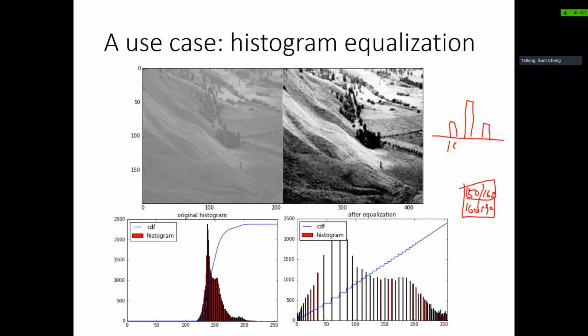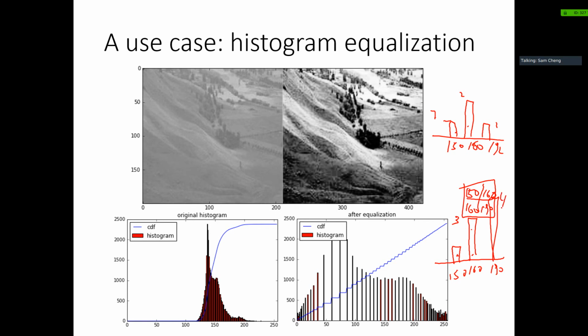So I have 1 at 150, 2 at 160, and 1 at 190. Then the CDF will be: at 150, I have 1. At 160, I add this and this together, so I have 3. At 190, I add 1 more, so I have 4. Just the cumulative sum.